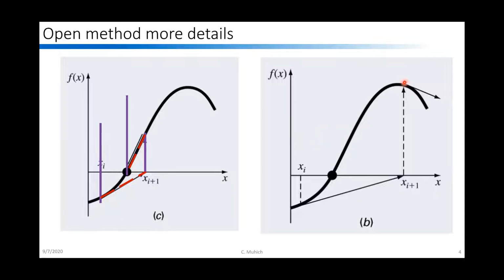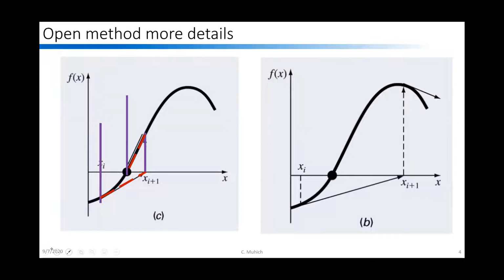So if we pick that new x point that sits on the other side of a maxima, we're going to end up with this divergent solution, and we'll end up at some other point on the graph or never coming to a root at all.